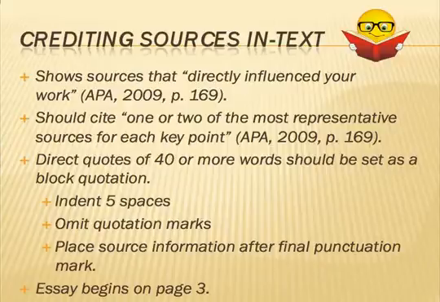Those are the sources that I'm going to concentrate on showing my reader. I should cite one or two sources, the most representative sources for each key point that I'm making. If I want to give an example of something, one example is not going to be enough. So APA is even spelling out 1 to 2 sources per key point.